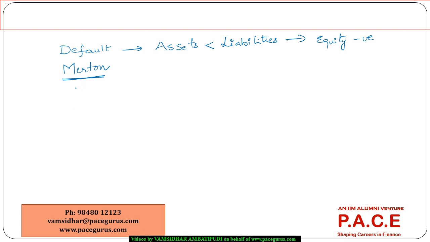Here he made a few assumptions while applying the Black-Scholes model to the firm's default. One, the liabilities consist of one zero coupon bond altogether. They don't have different kinds of liabilities.